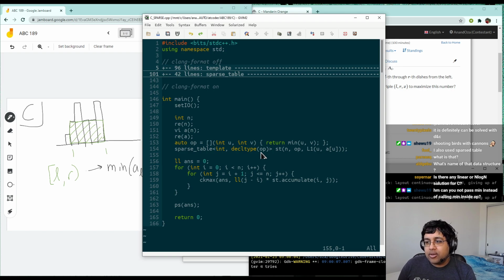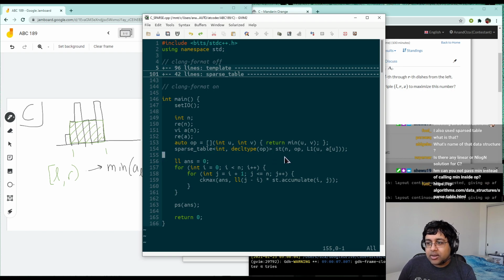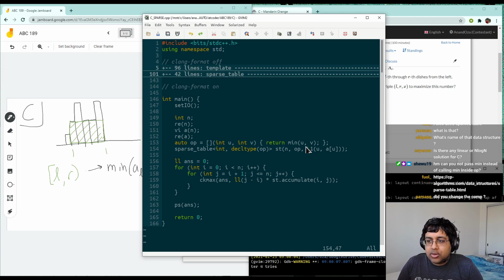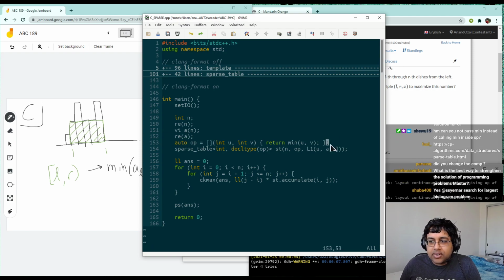Oh, great question. So Shiwu asks, can you not just pass min? Like standard min, I assume. It's a little bit annoying because standard min has a ton of overloads, so if you didn't do it this way, you would have to appropriately cast or specify the type of standard min to make sure you get the right one.